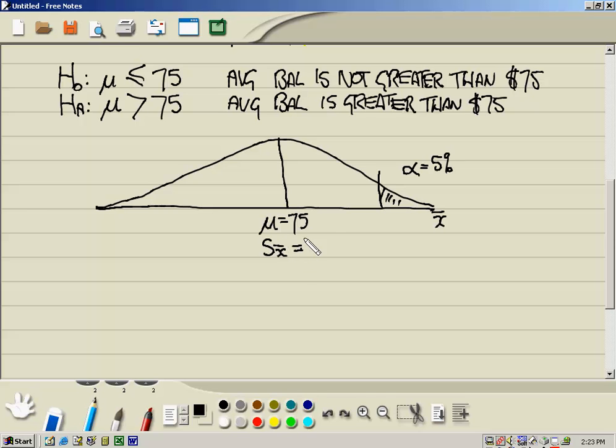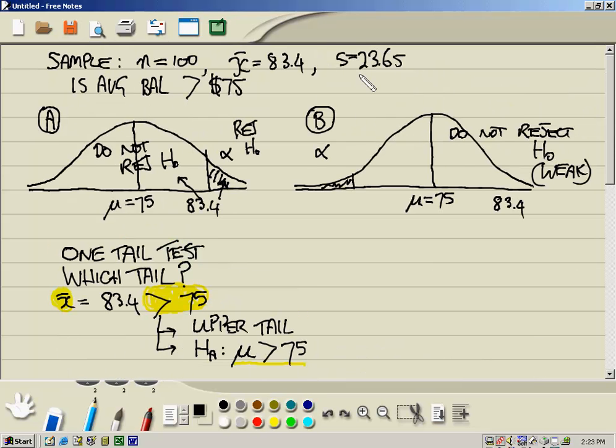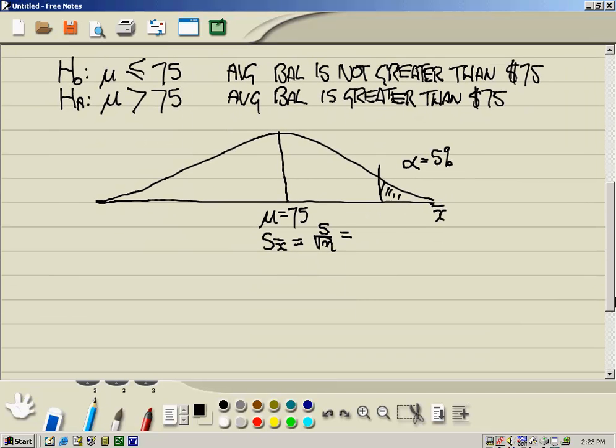It's S divided by the square root of n. S is 23.65, n is 100. So 23.65 divided by the square root of 100. The square root of 100 is 10, so the standard deviation of the sampling distribution is estimated to be 2.365.